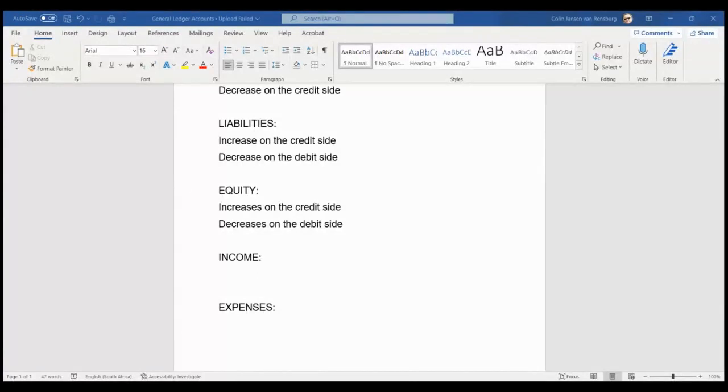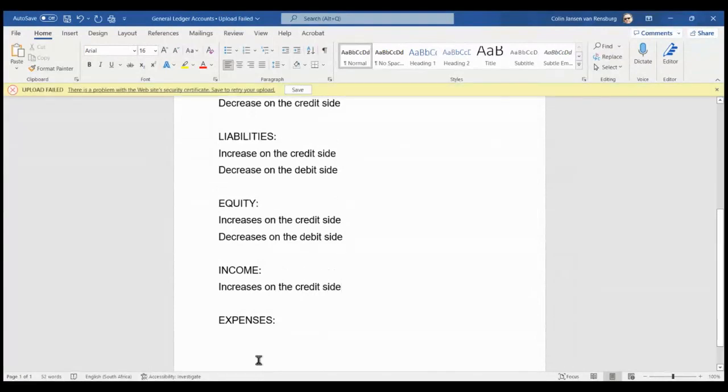It means you have to credit it. So income will increase on the credit side. Right? Income increases on the credit side.